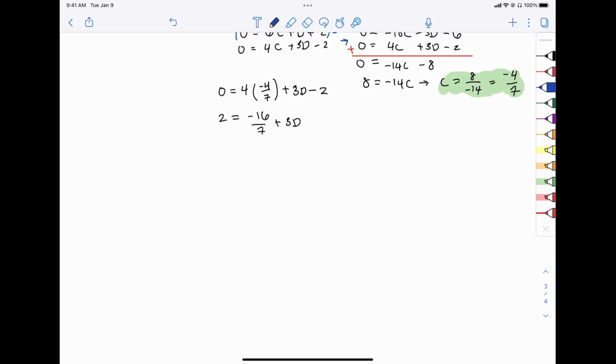So on the side here, oh, this is a nasty fraction. If you can't tell, this is the first time I'm working through these problems, but we'll do that. We need to do 2 plus 16 divided by 7. Let's see, what would that be?